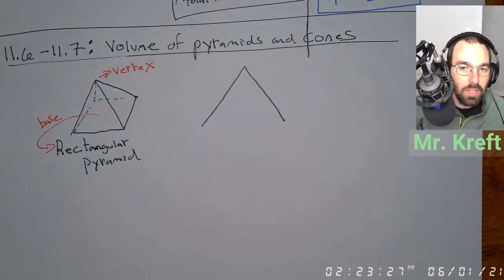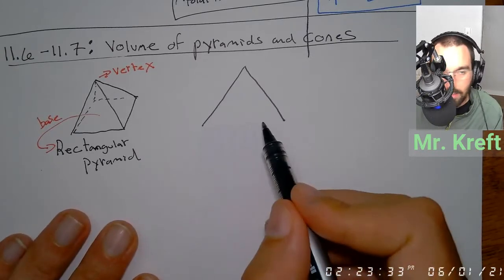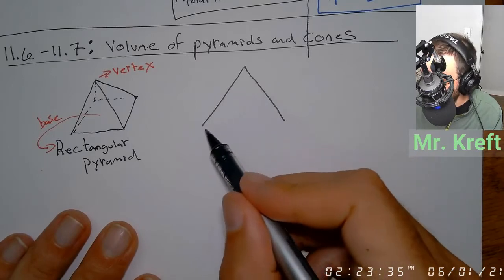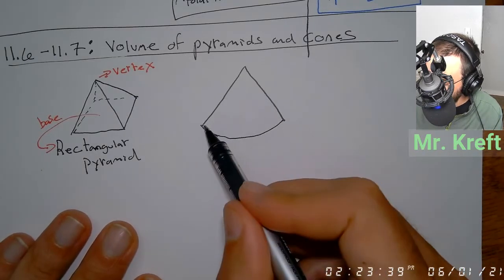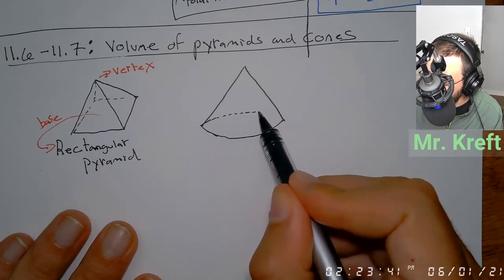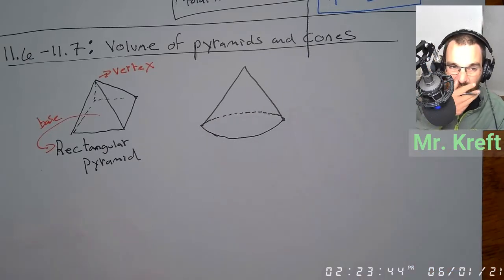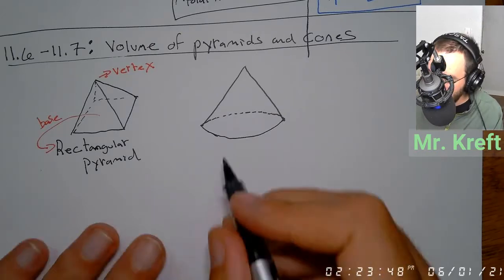So it's just going to kind of look like an upside down V. You can think of it that way too. And then instead of connecting the bases with a straight line, we're going to do a semicircle. And then we're going to draw the other part of the semicircle with a dashed line in the back. And it kind of gives it a 3D shape.